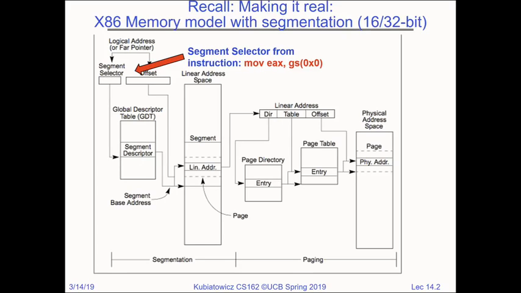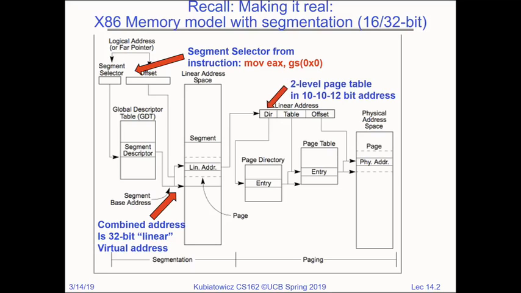That segment selector goes into a descriptor table to pull out the segment descriptor, which gives you a base which is added to the offset, giving you a combined address, which is a linear 32-bit address in this instance. Now you're in 32-bit virtual address space, and that goes into a two-level page table with the 10, 10, 12 magic number divisions that we talked about, right?